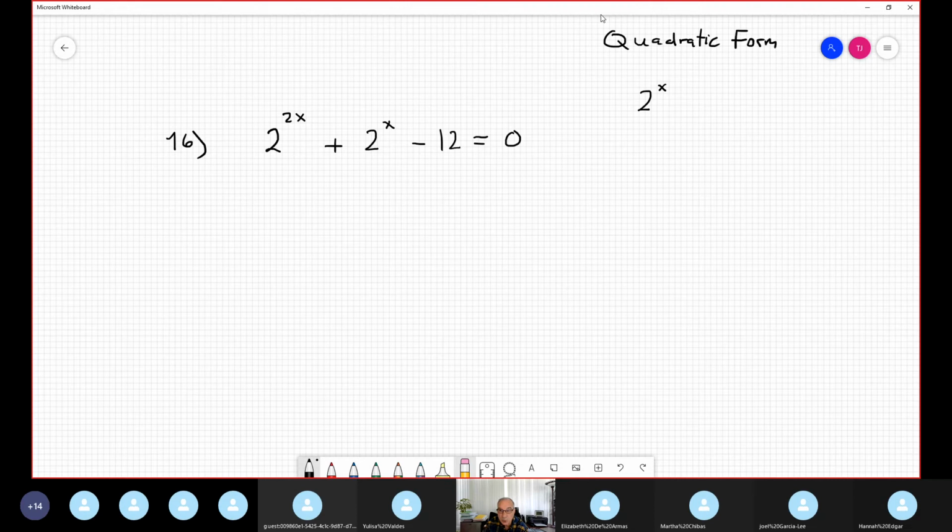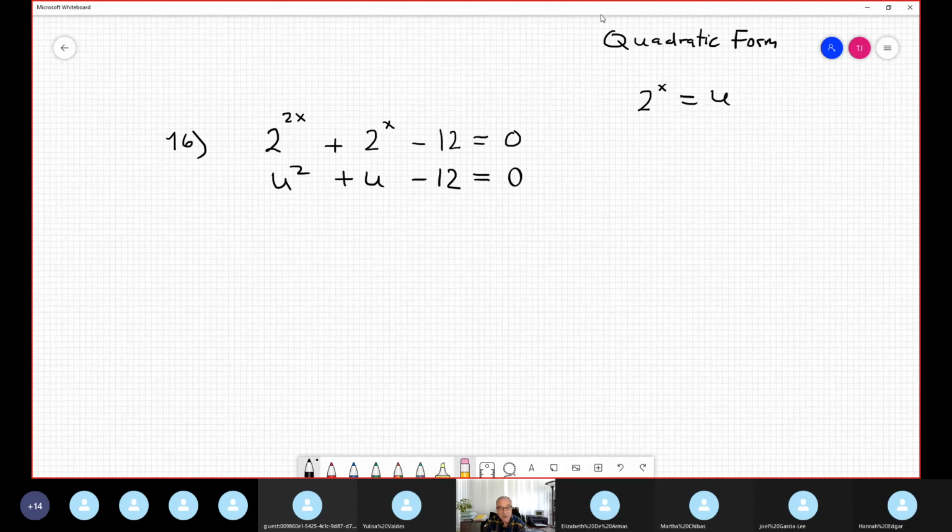For doing substitution, you suppose in your mind, you define that 2 to the x is u. When you rewrite the new equation using the auxiliary variable u, we have minus 12 here, we have plus u, and you have u squared.